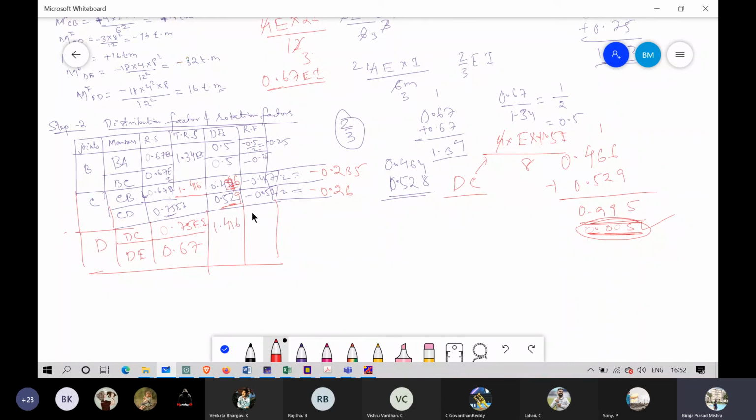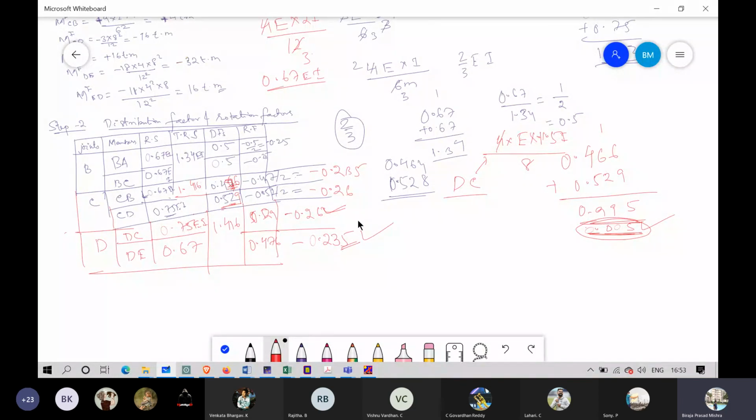So again the total will be 1.416. So this will be 0.529, and this will be 0.476. I am taking rough values, no issue. So this will be minus 0.26, and this is the rotation factor, and this is again 0.235.